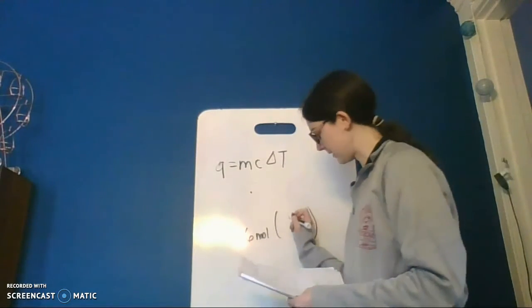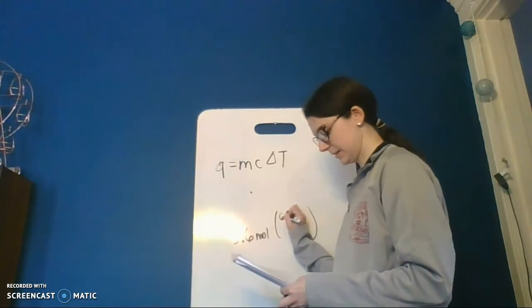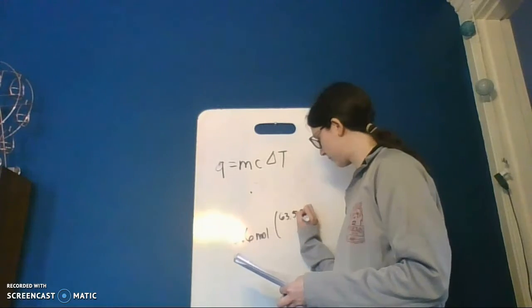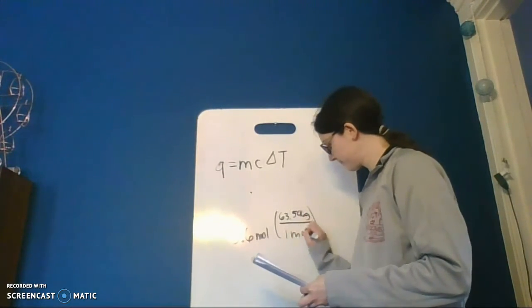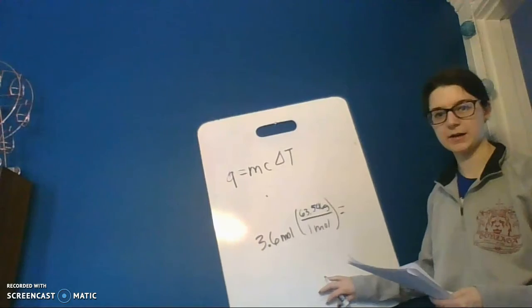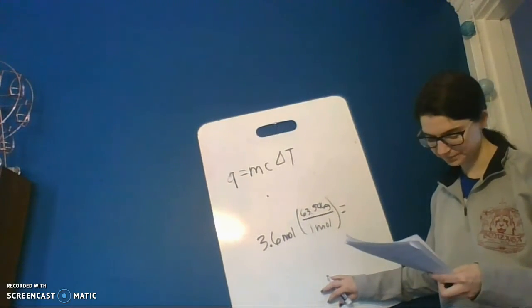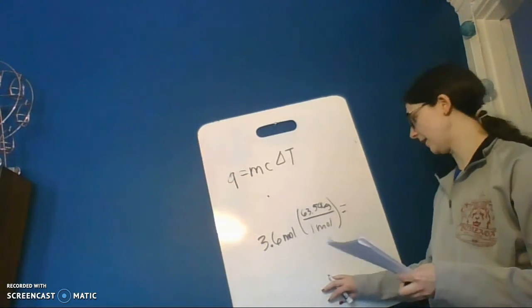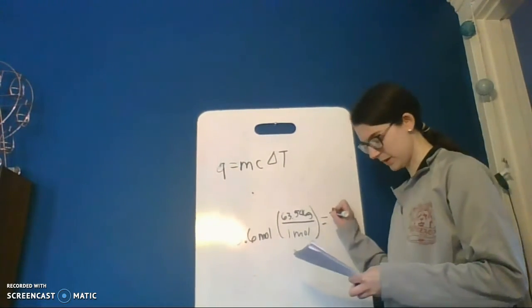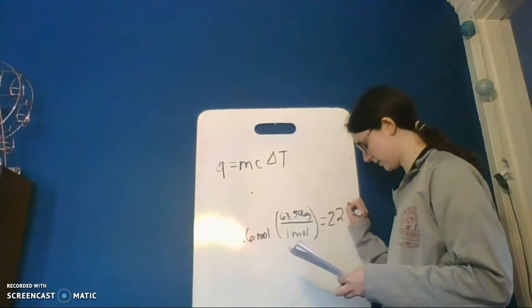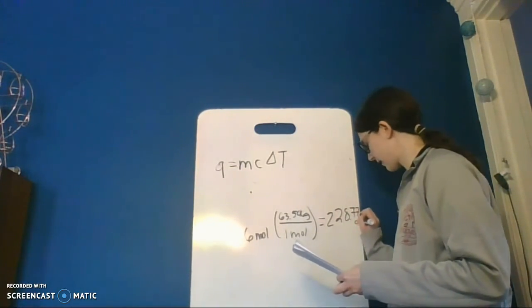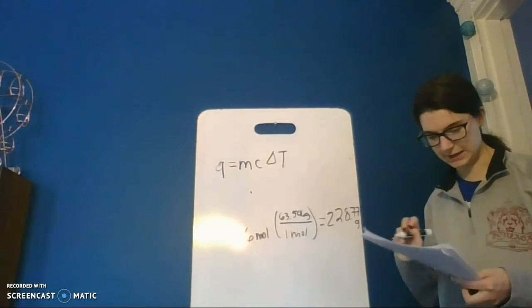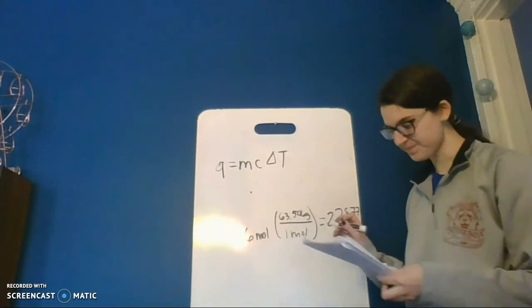So I am going to multiply by the molar mass of copper, 63.546 grams over 1 mole. Okay, so again, I'll move that so you can read it. So if I plug this into my calculator, I find out that I have 228.77 grams of copper. So that's what I'm plugging in for my mass.